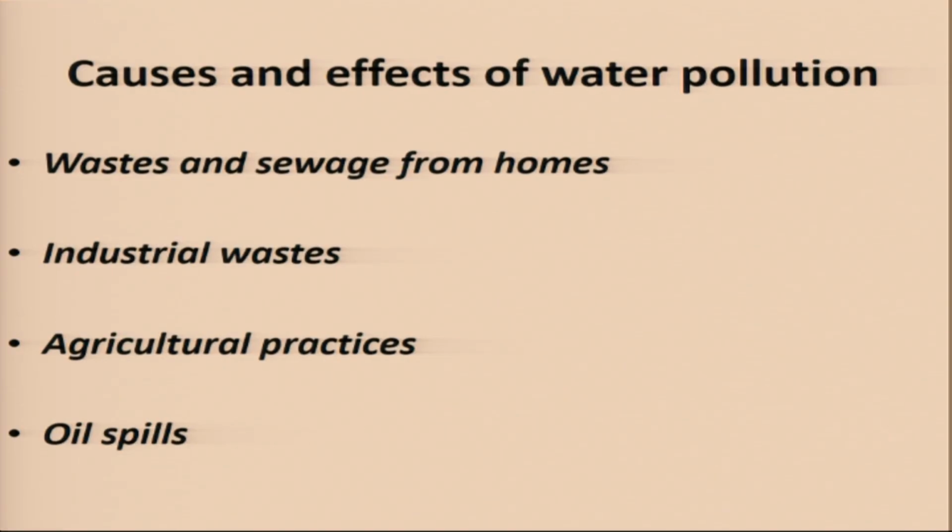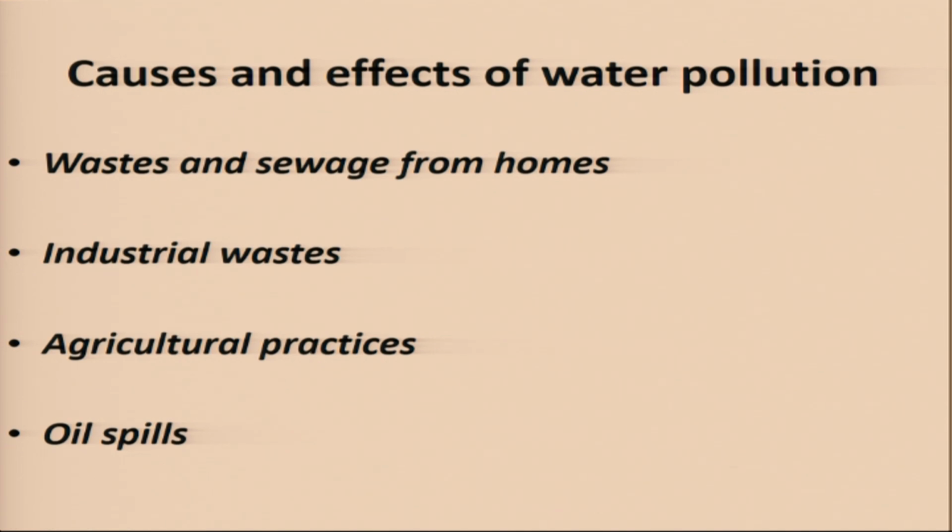So causes and effects of water pollution. One, waste and sewage from homes. Waste that we use at home, the sewage water poured in water bodies, destroys the aquatic animals. Industrial waste also leads to water pollution. Agriculture practices, those are fertilizers, pesticides, herbicides.